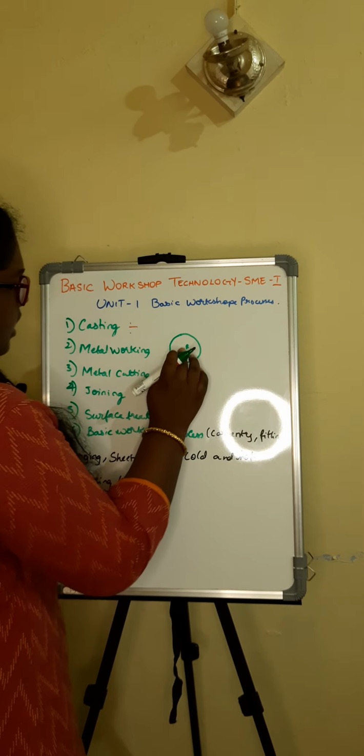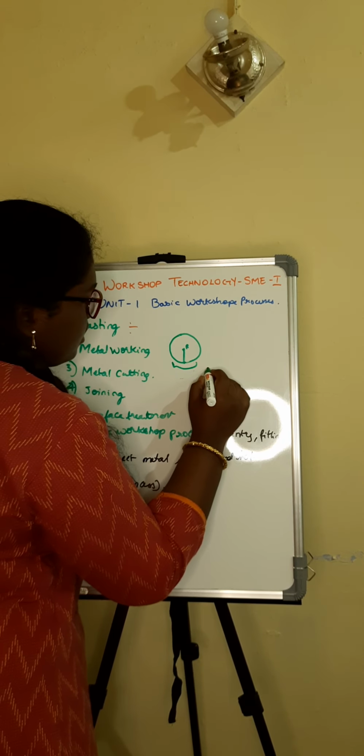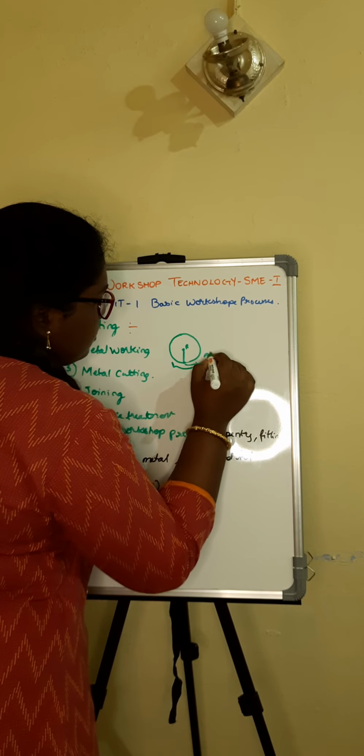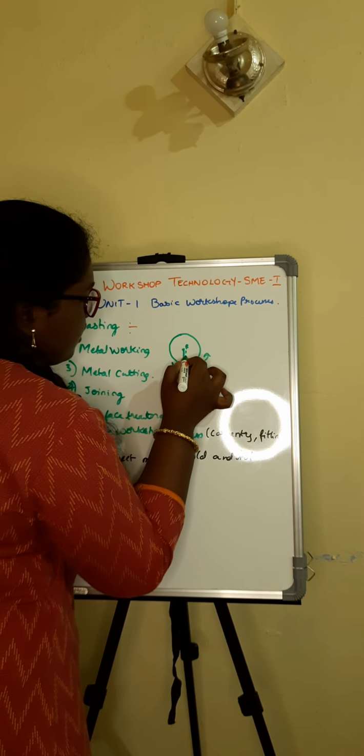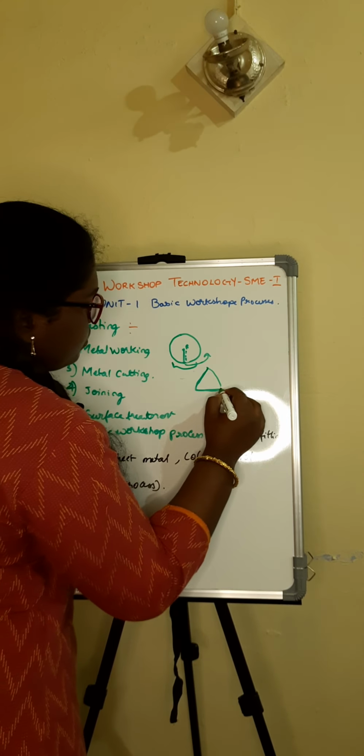After cutting this, it can be folded like this. We are just rotating this circular part; when it is cut over here and rotated, we get a cone shape.